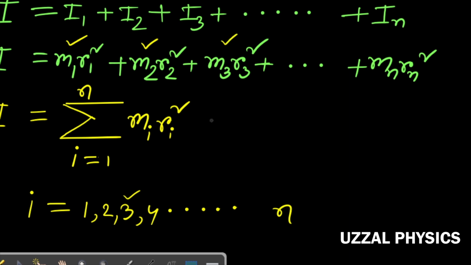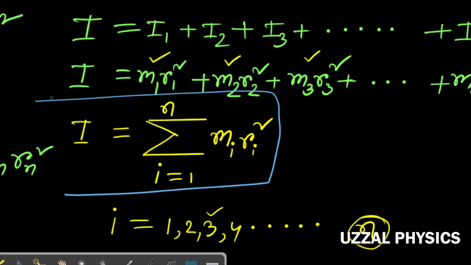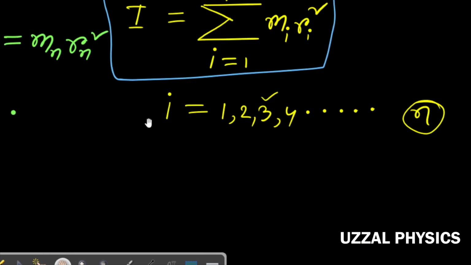In this way, if we put the value n, then we get the last term. So this is the special technique to find the moment of inertia. My dear students, this equation can represent the moment of inertia of an irregularly shaped object.